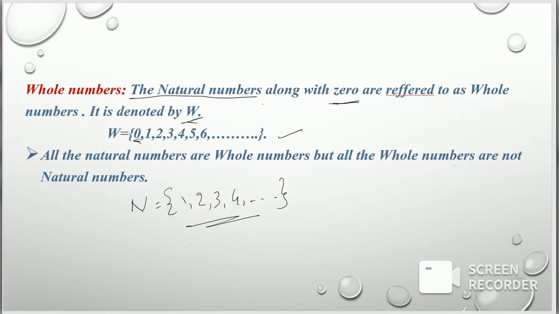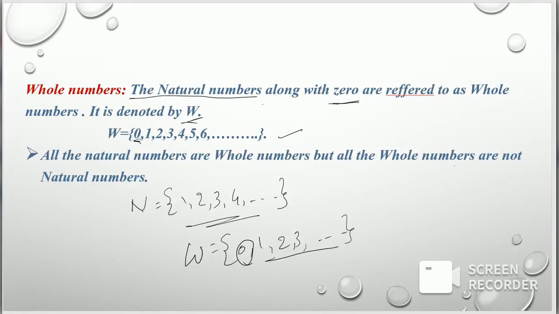But whole numbers start from 0, 1, 2, 3 and so on, and 0 is not a natural number. That is the meaning of that sentence. This is about the natural numbers and whole numbers topic.